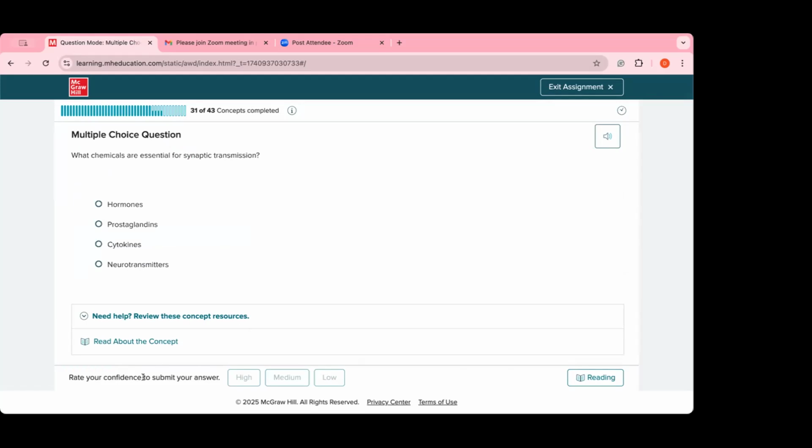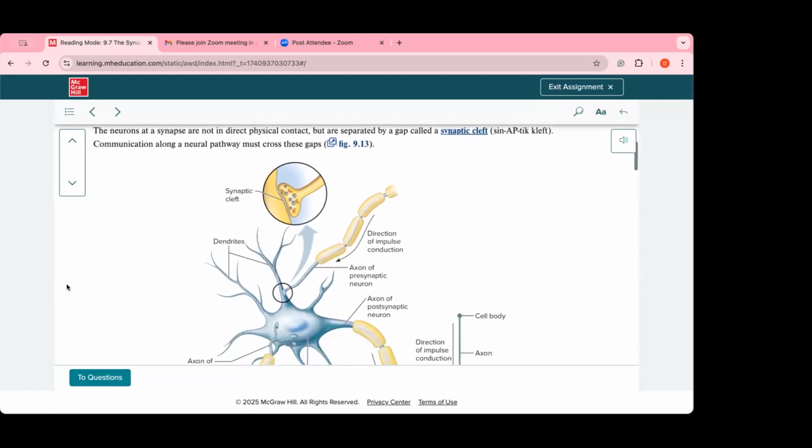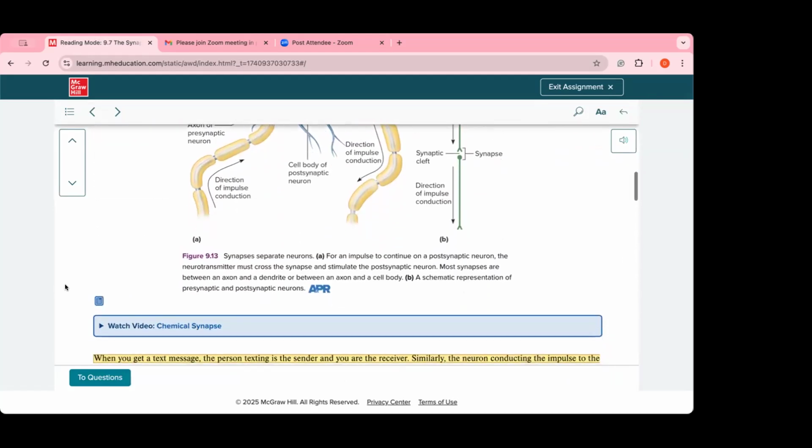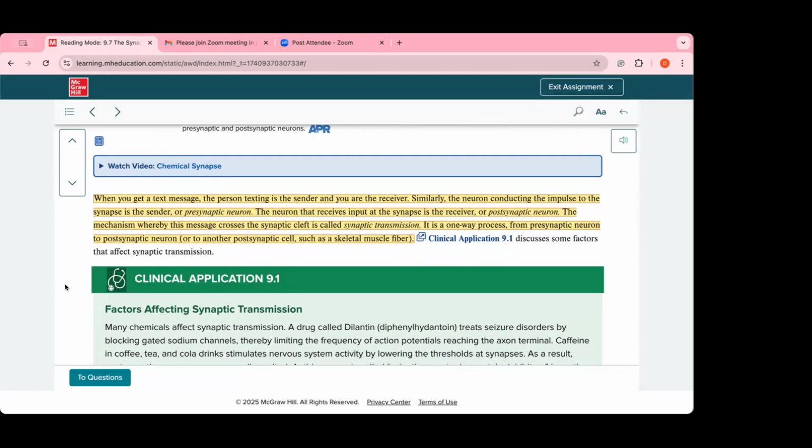Which chemicals are essential for synaptic transmission? I think that would be neurotransmitters, but let's read it. That sounds like the most logical. Okay, keep going.